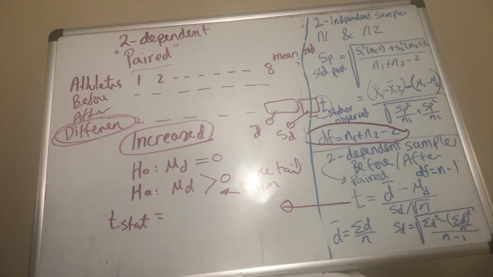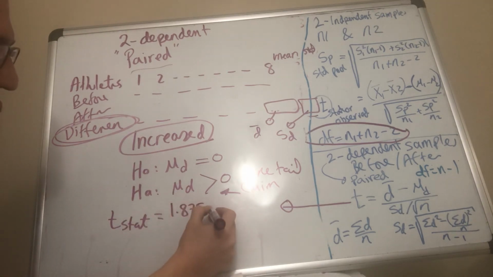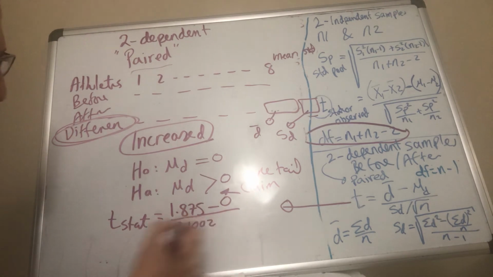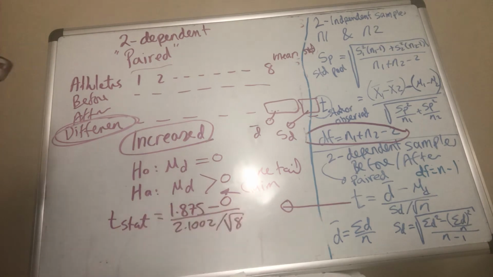So according to this question, my D bar is 1.875, mu D is 0, SD according to this question is 2.1002, and it's divided by the square root of the sample size 8. I'll do this in the calculator quickly.